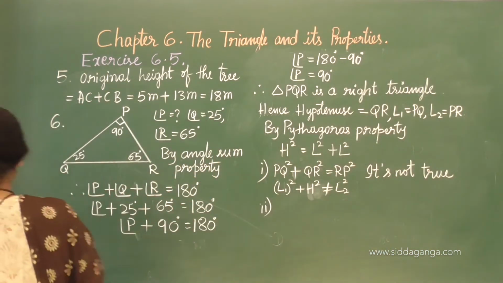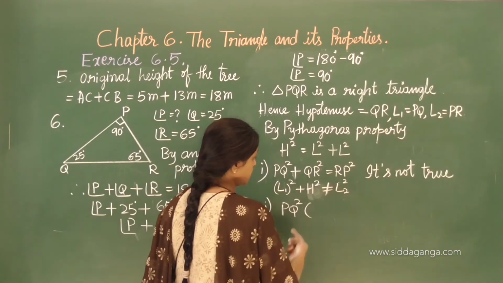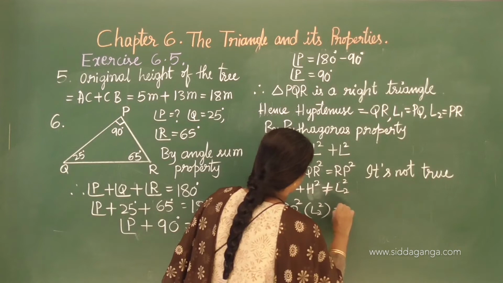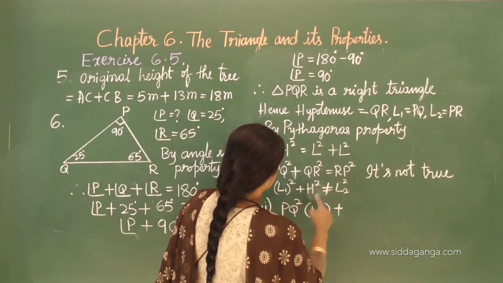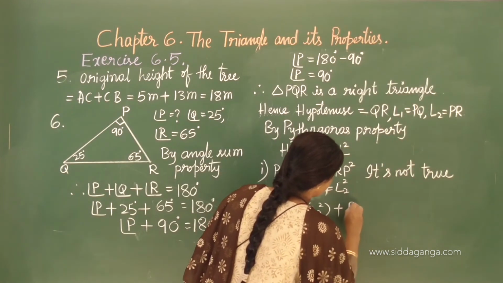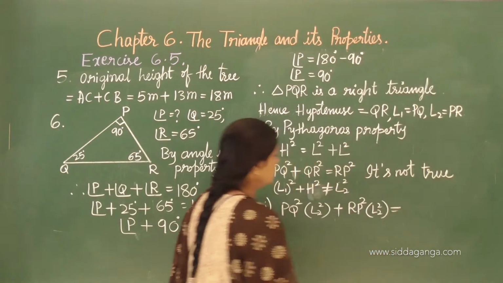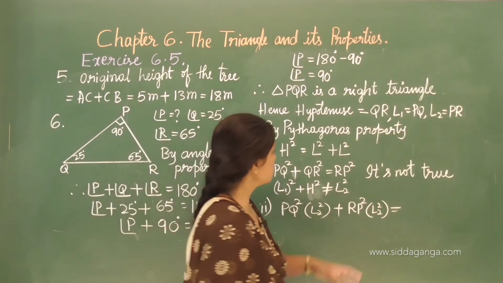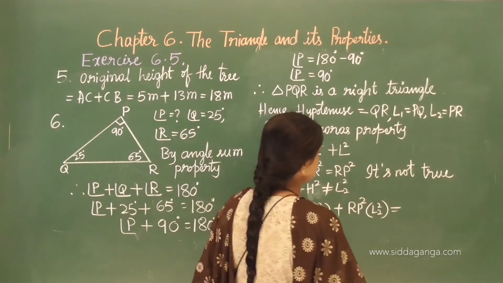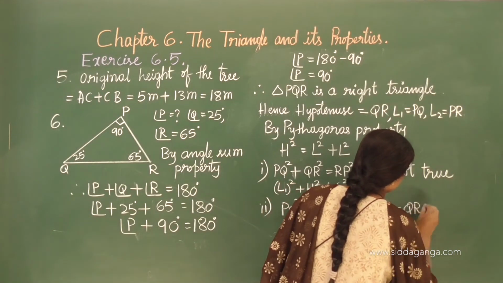Take the second one. The second one given is PQ square. I write this relation there only. PQ is L1 square plus RP square, that is PR, RP square means L2 square, that is equal to QR square.